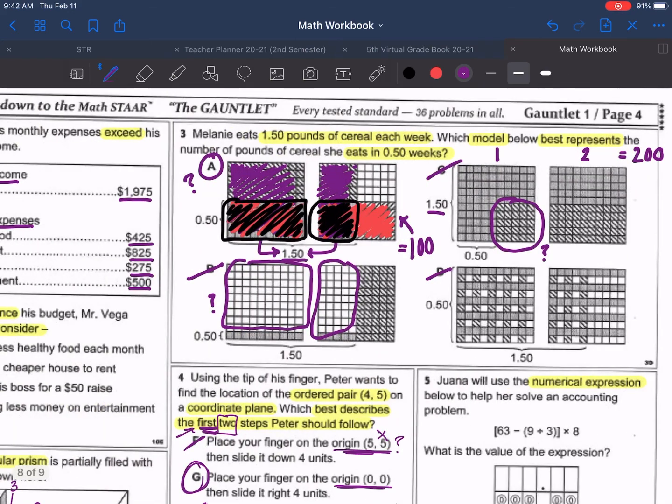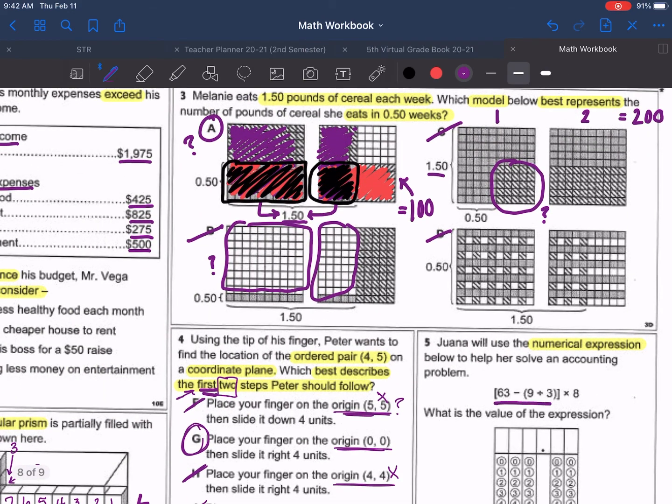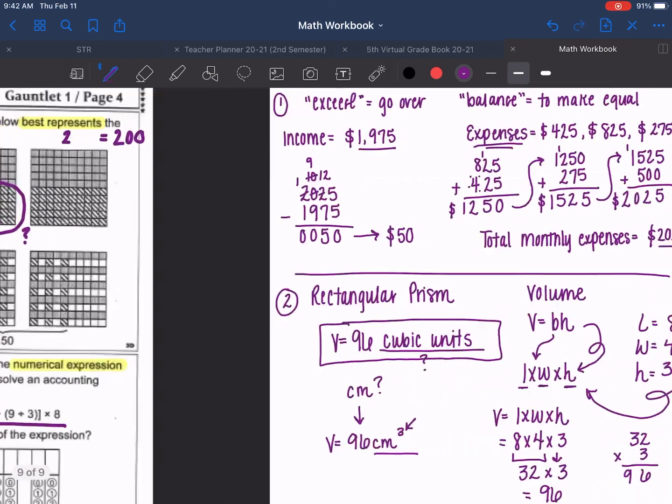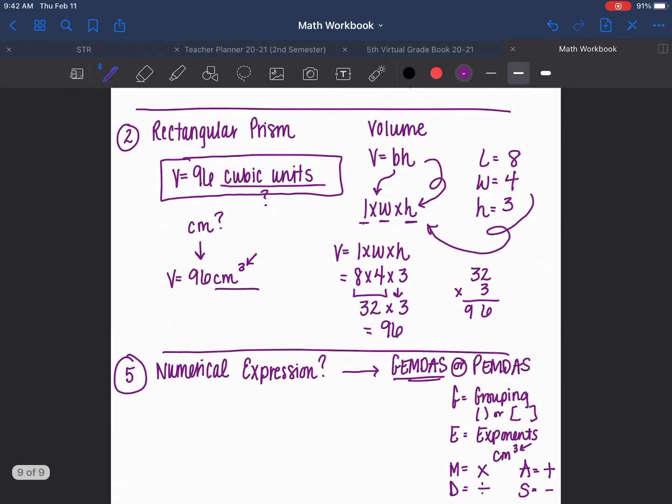So let's go back to the question, and let's write down our numerical expression so that we can work through it. I'm writing out my expression here. The first thing we should look at is if we have any G. Do we have any grouping?